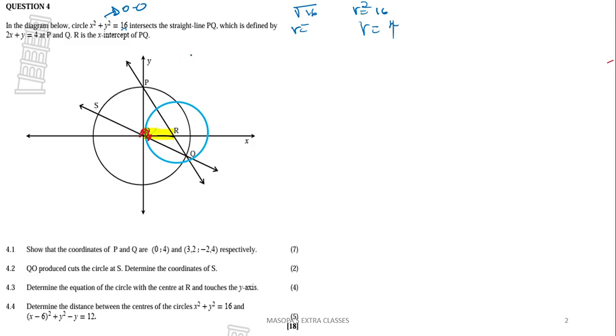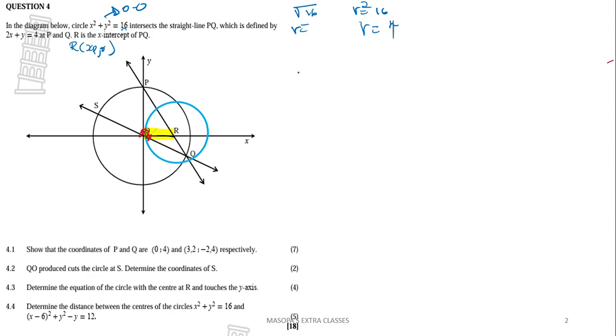At points P and Q, which are the points on the straight line PQ, R is the x-intercept of PQ, meaning that, because they say it is the x-intercept, the coordinate of R will be (xr, 0), where y is equal to 0.